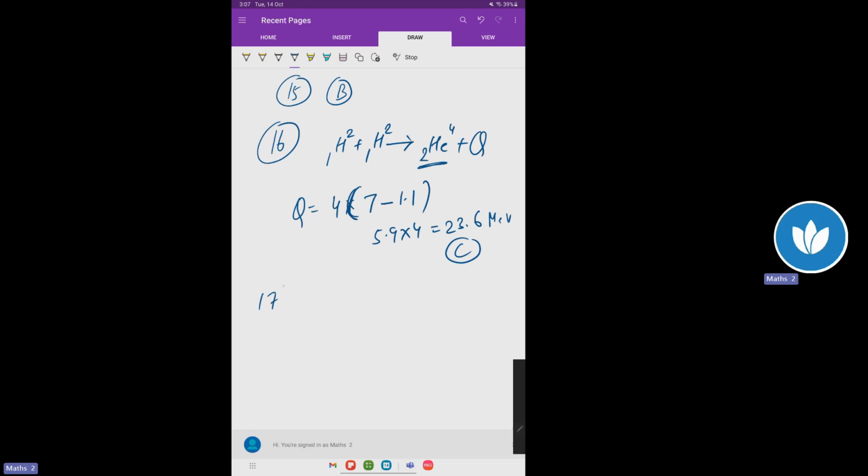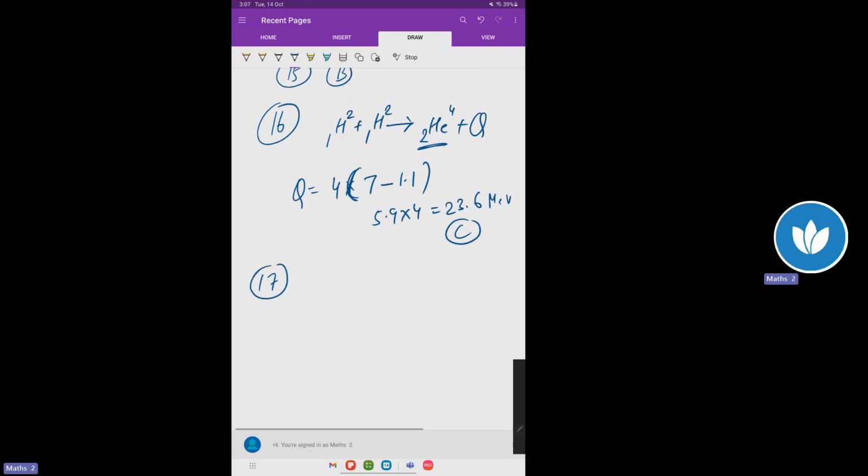Question number 17. If M naught is the mass of an isotope of boron, Mp and Mn are the mass of proton and neutron, then find the nuclear binding energy of the isotope.